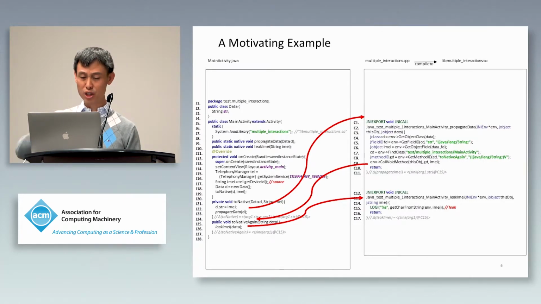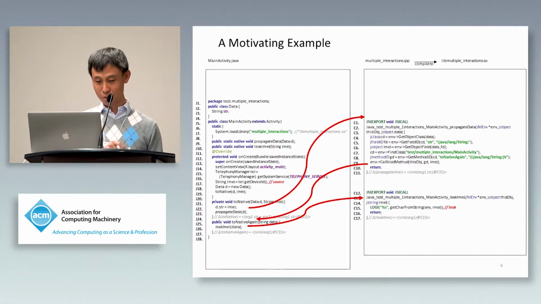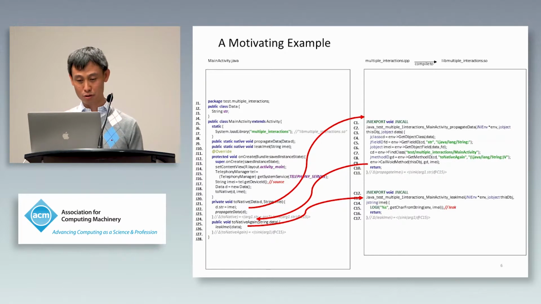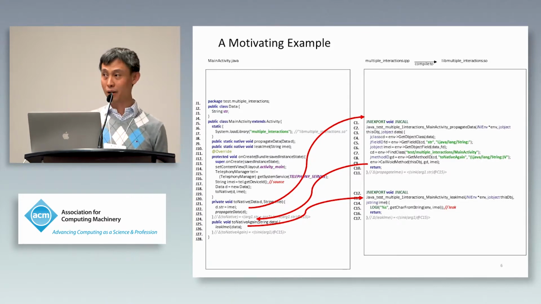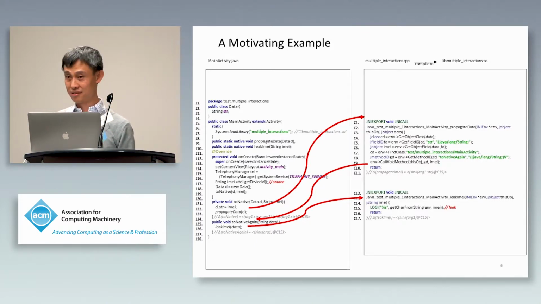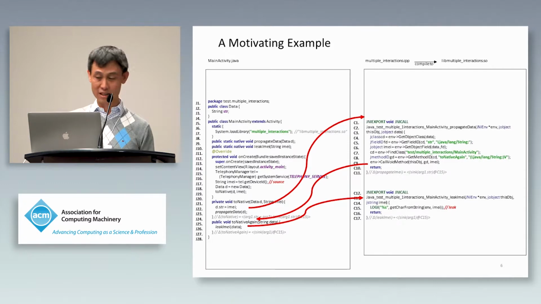After some manipulation, this data can pass back to another function defined in the Java world, and then another function goes to the native part, and then that data gets leaked. Right? So obviously it doesn't make sense to do this, but if a malware writer wants to hide their actions, something like this could happen in malware.